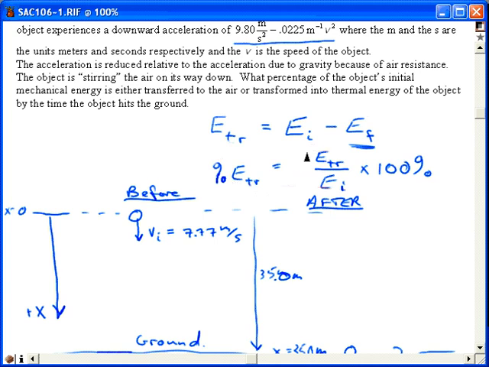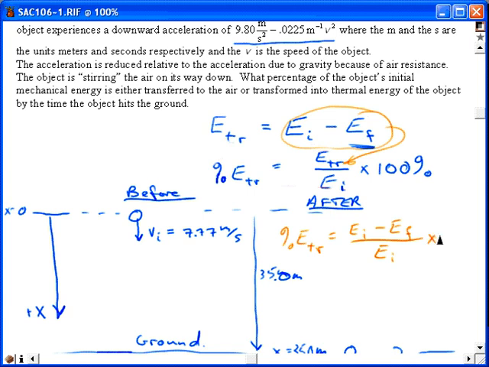Percent transferred then is the amount transferred divided by the initial. I'm going to go ahead and write this as percent transferred. I'll substitute this expression in for the amount of energy transferred, so I get equals (EI minus EF) over EI, then all times 100%.